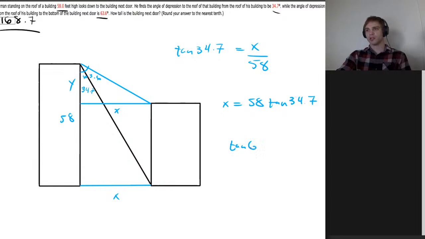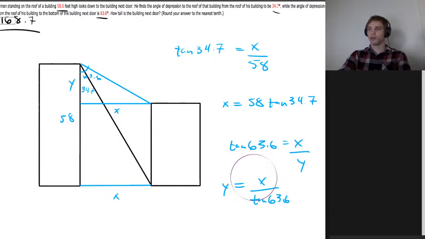So the tangent of 63.6 equals x over y, and solving for y, y equals x over tangent of 63.6. So we know x from our last problem, so this is what you would throw in. Find y, and once we find y, we can find the height of the building.